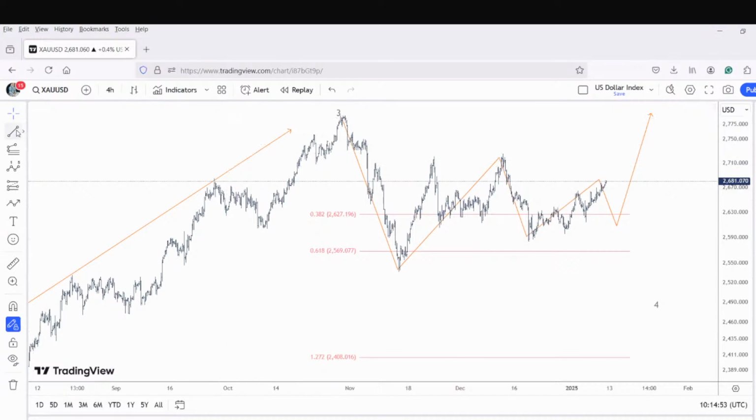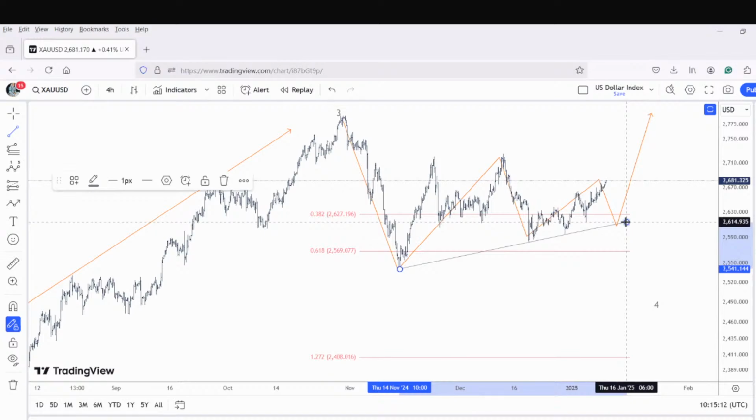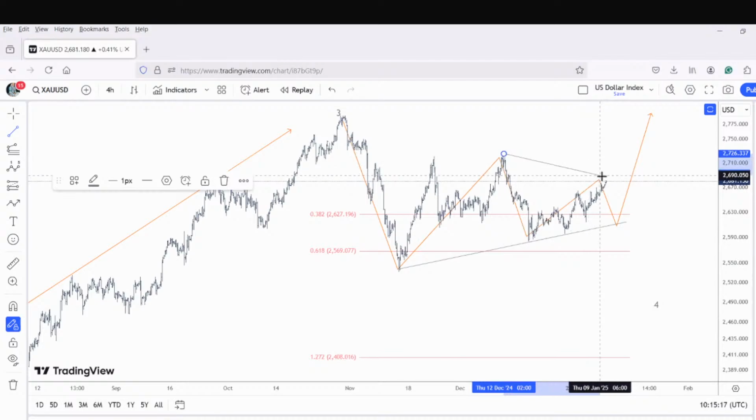So let me draw the boundaries again. I'll draw the AC boundary first. We've got both points clear. And BD can be done. If it's a contracting drop, it would equate almost.